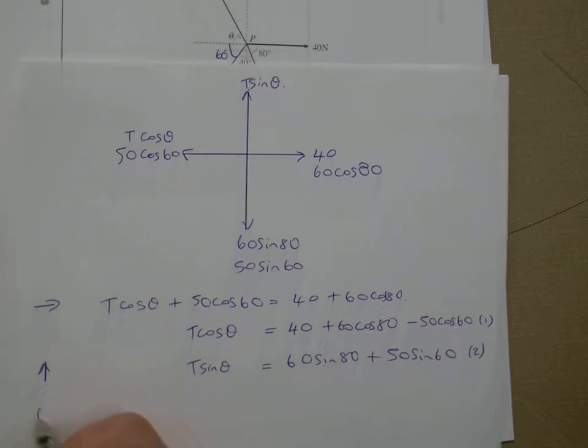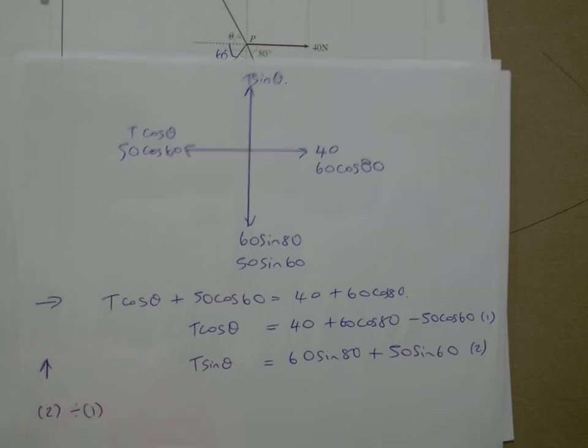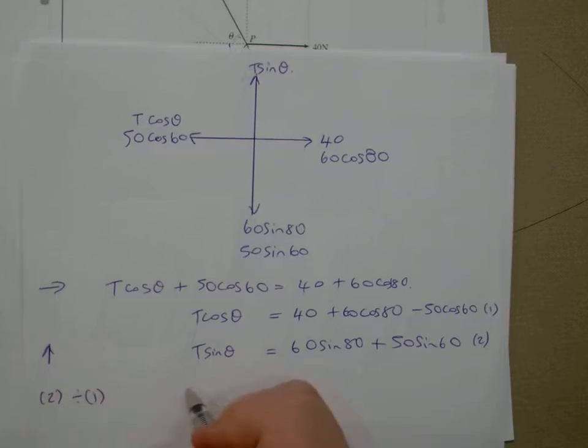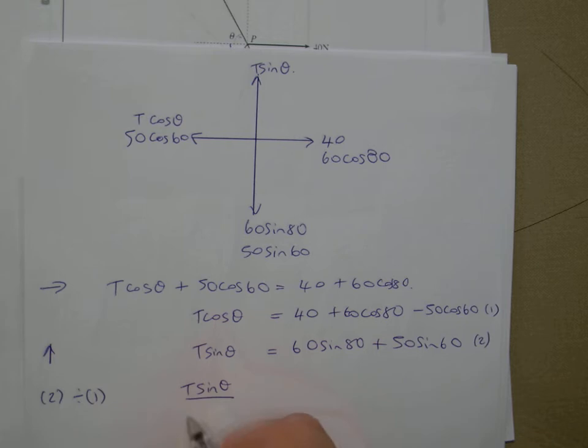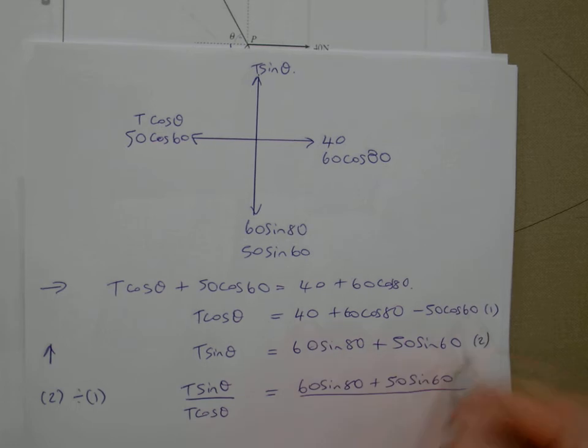But in order to solve these, what you need to do is divide. If I do 2 divided by 1, watch what happens. I get T sine theta in equation 2, divided by T cos theta in equation 1, equals 60 sine 80 plus 50 sine 60, divided by all of this in equation 1.